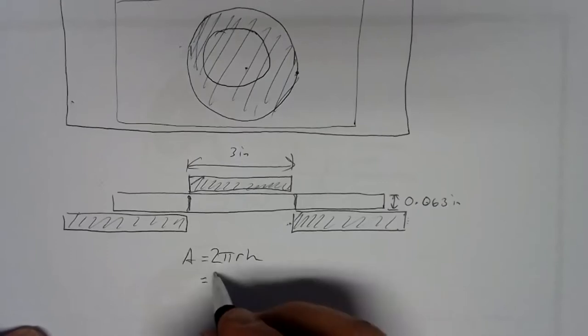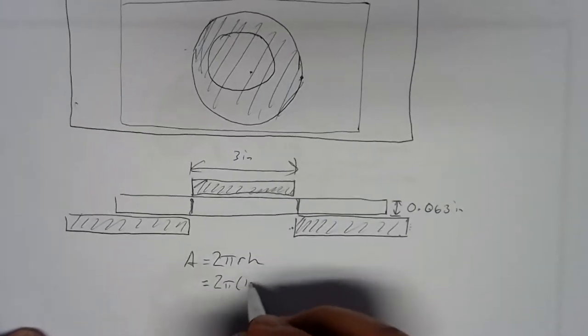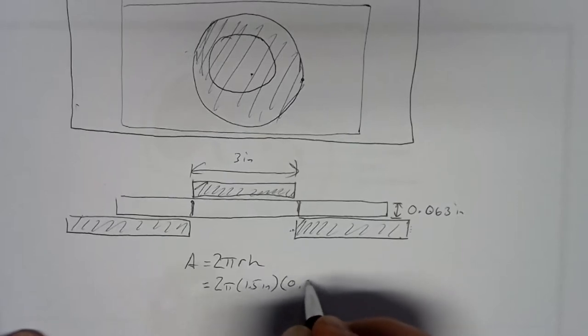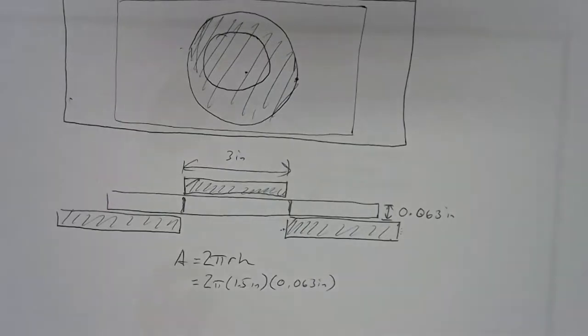So let's figure this out here. You got 2 pi. The radius is 1.5 inches, and the height is 0.063 inches. So the area for this cylindrical knockout is 2 times pi times 1.5 times 0.063.